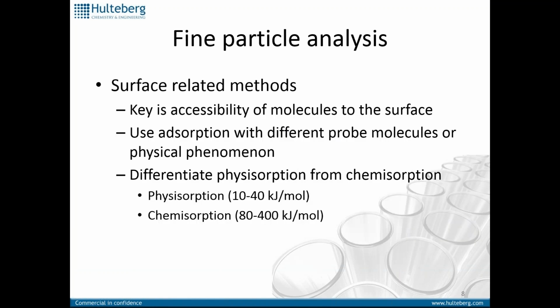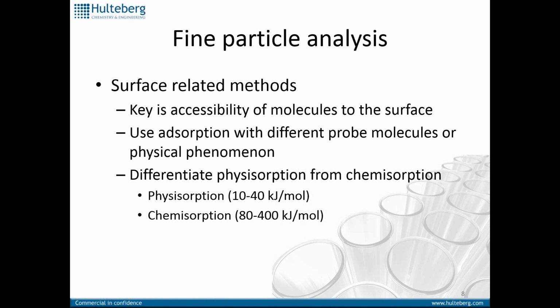But let's start with more general points. These are all surface-related methods, and the key point here is that you only get information about the actual surface that is accessible for the molecules.